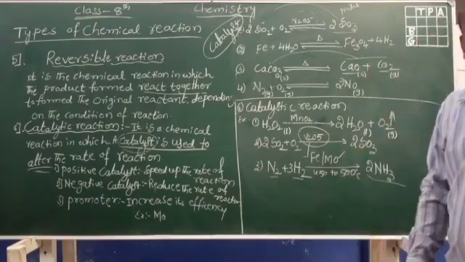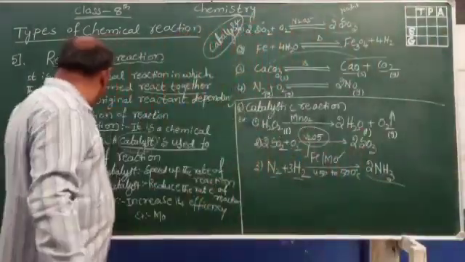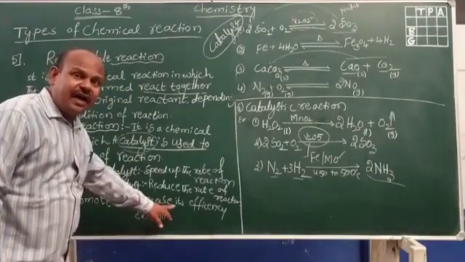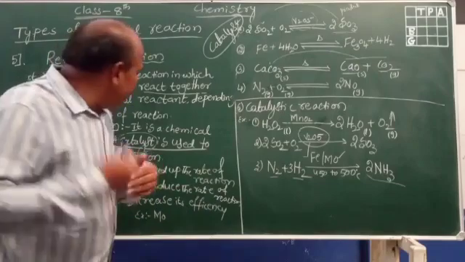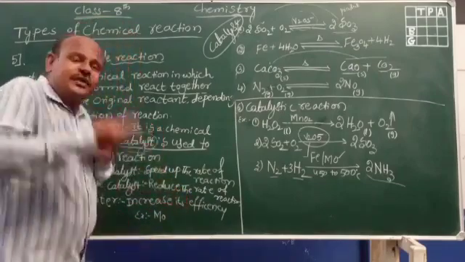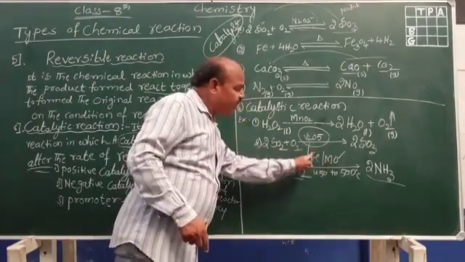molybdenum is a promoter. What does promoter mean? A promoter increases the efficiency of the catalyst. It increases the efficiency of the iron.